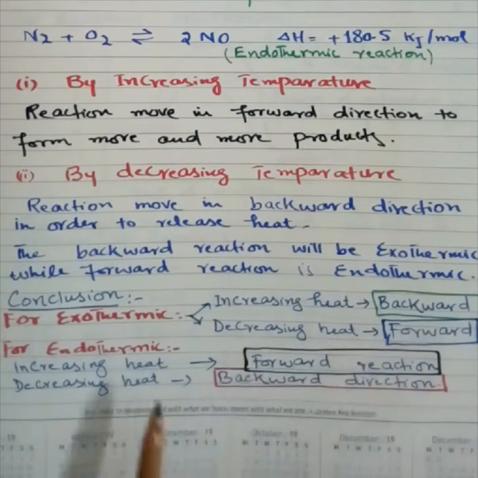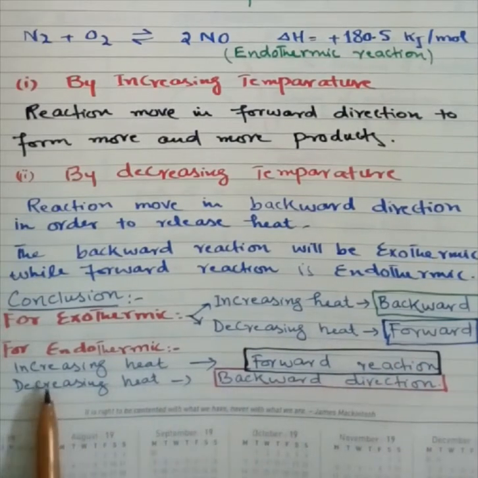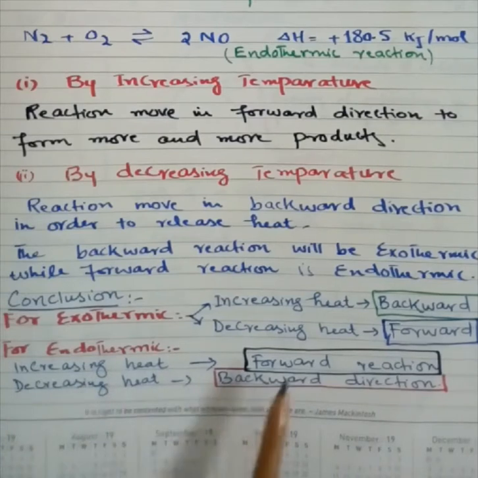For an endothermic reaction, if we increase the heat of the system, the reaction will move in the forward direction, and if we decrease the heat, the reaction will move in the backward direction. So that's all about temperature: once a system is at equilibrium and you bring some changes in temperature, these types of effects will be produced upon the reaction.